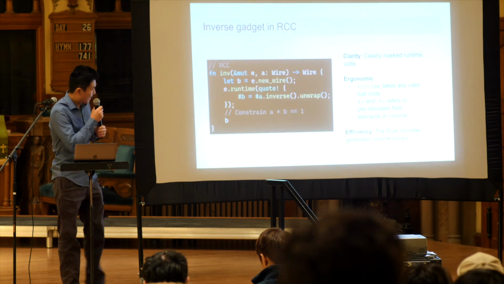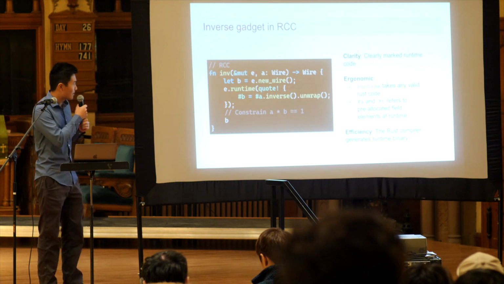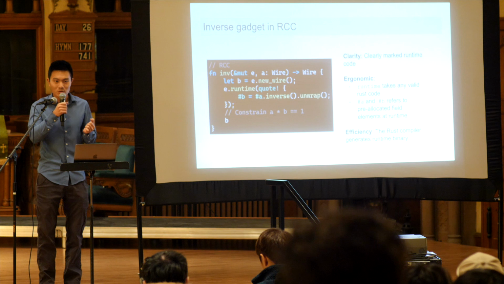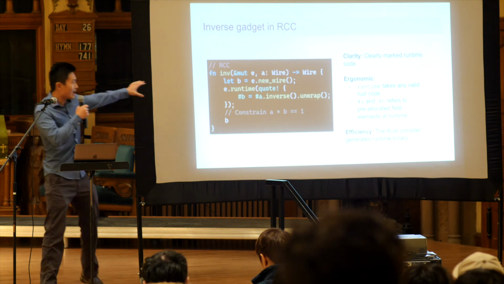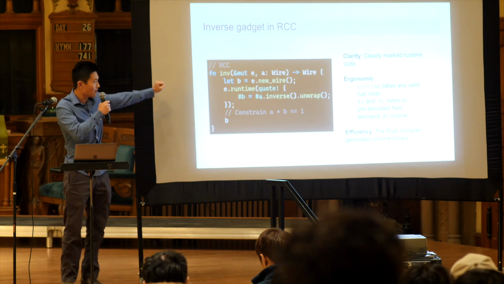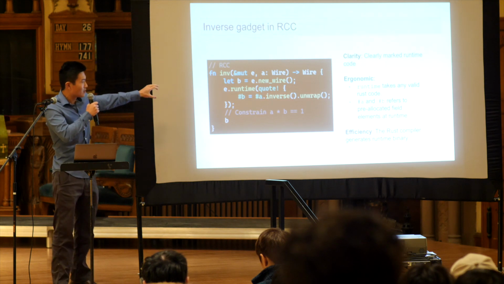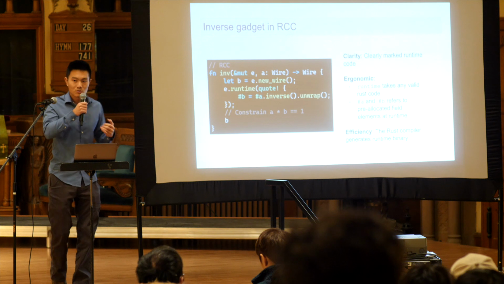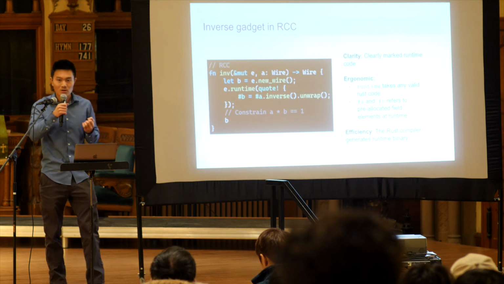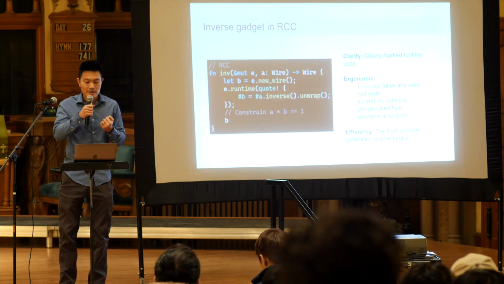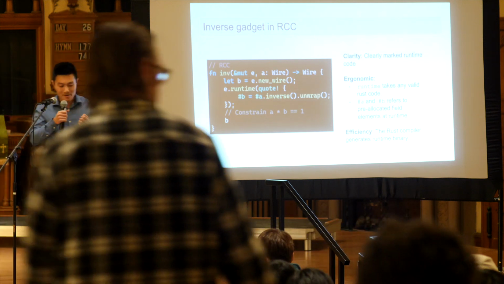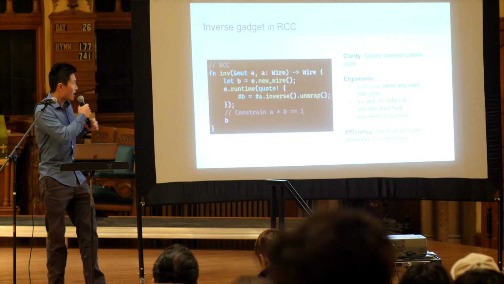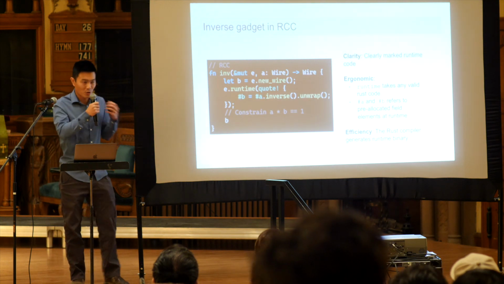There's something that I hacked together within the last couple of weeks that does the following. You use the magic of Rust quotes. We still allocate the first variable, but there's a runtime synthesis API that allows you to supply any arbitrary Rust code, using the Rust crate called quote, where you get access to the pre-allocated wires.